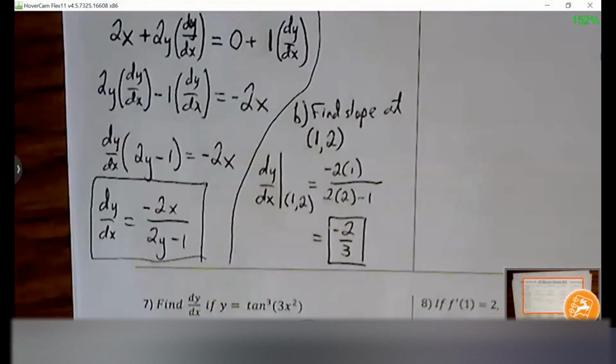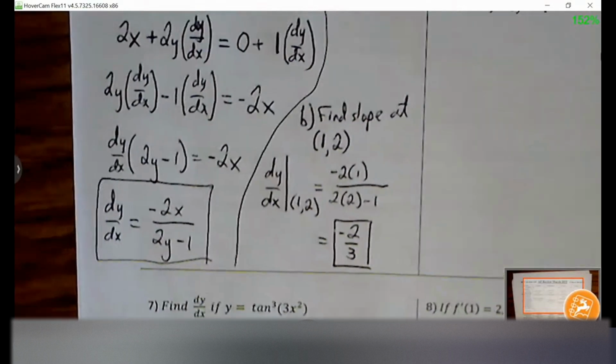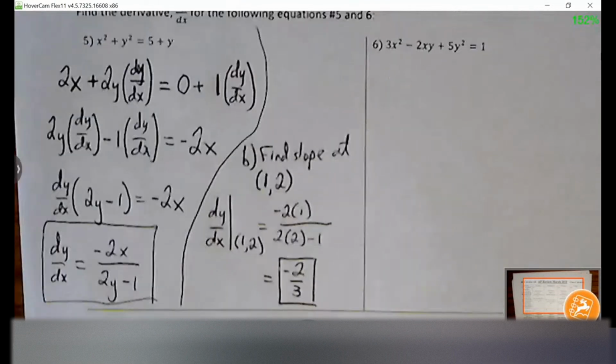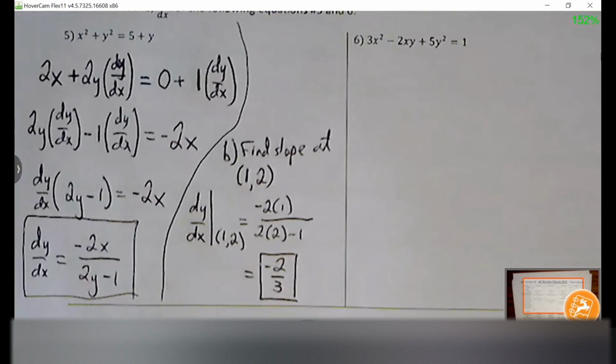So if you want to find the equation of a tangent line, you can also go through it using something that involves implicit, right? You take your ordered pair, you take your slope, and then do point slope form after that. Okay, any questions with 5?